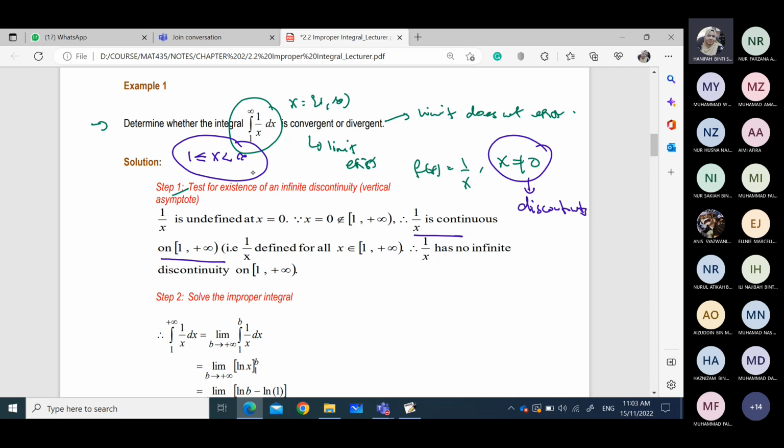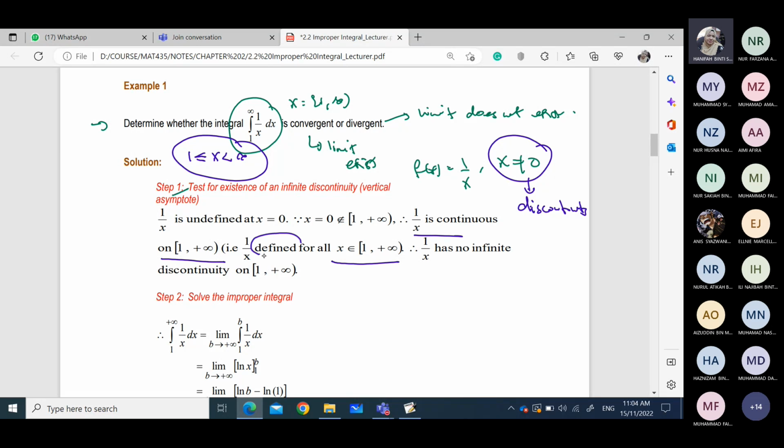Right? So maksudnya dekat sini, kalau you masukkan nilai yang dalam interval X ni, okay, range X ni, dia akan sentiasa memberi kita nilai. You masuk 1, you akan dapat nilai. 1/1 is 1. So 1/2 is 1/2 and so on. Okay, so here we can say that this function, which is 1/x, is continuous on the interval 1 to infinity. Okay, so in example, 1/x defined for all x 1 to infinity.